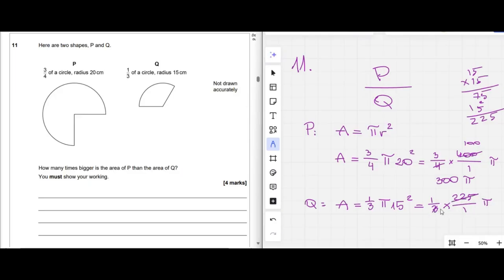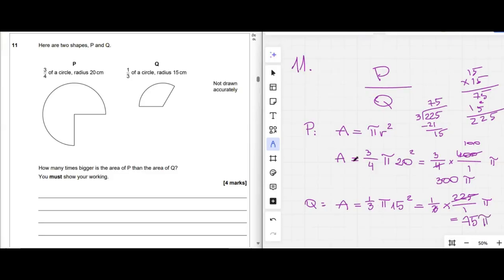Most likely it will cancel. So 225 by 3. 22 by 3 is 7, minus 21. 15 by 3 is 5. So 75 pi.